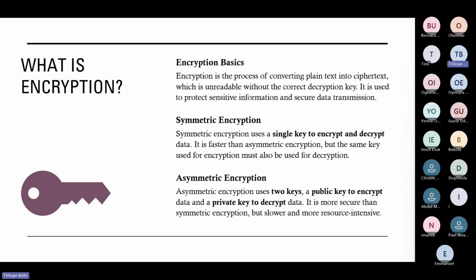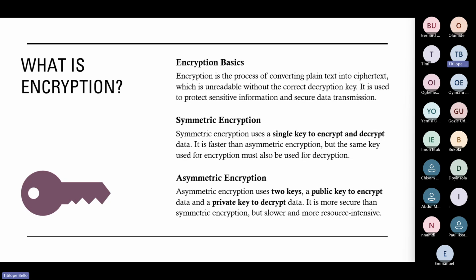I think I was using a wrong deck. So let me briefly go over this again. I was talking about the encryption options. We have the symmetric and then the asymmetric.